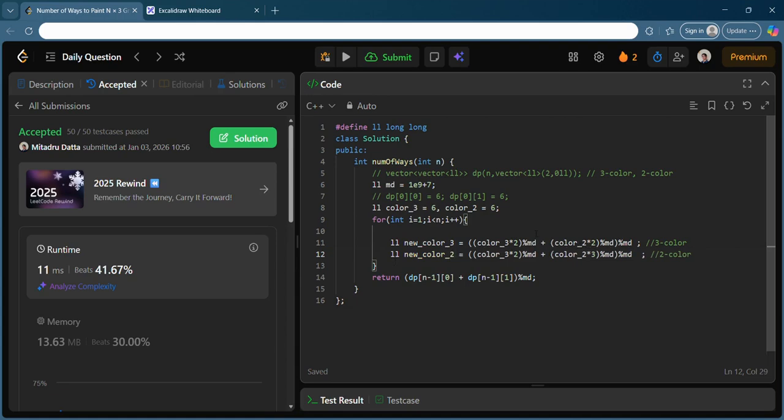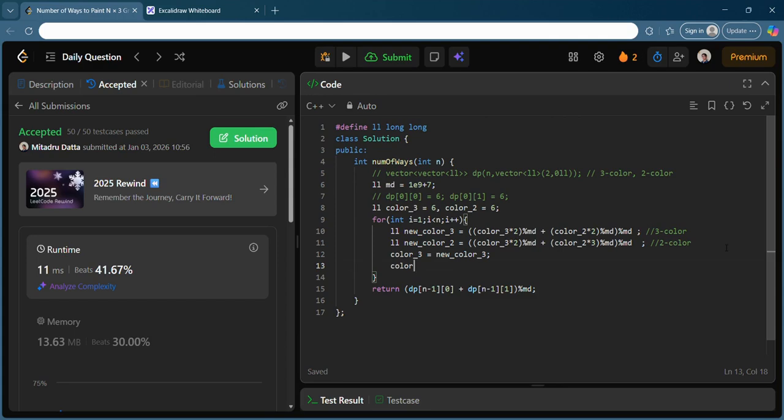After this, what you can do is change color3 and color2, right? Color3 should be changed to new color3. You're just updating those values without overwriting. Just save into new variables and then update. So new color2.